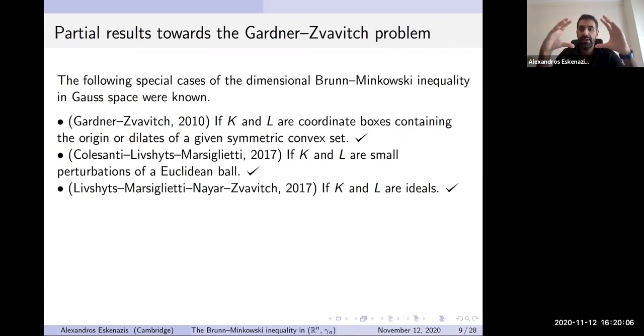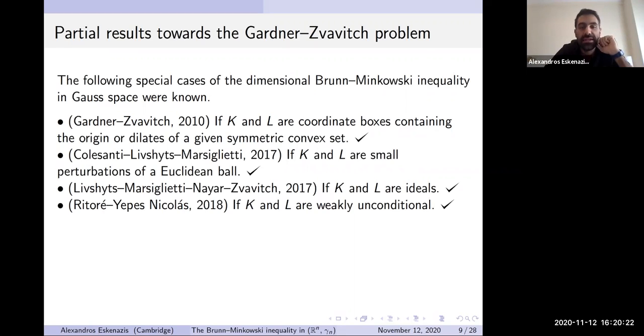This means that you have sets K and L in R^n which are symmetric under reflection with respect to the n coordinate hyperplanes. So of course, that's a much stronger symmetry assumption than being symmetric around the origin. Then Brunn and Nicholas relaxed this a little bit by proving it for K and L which are weakly unconditional.